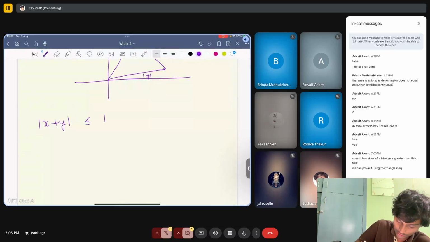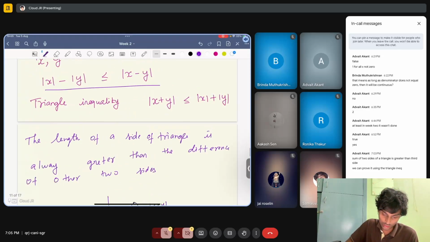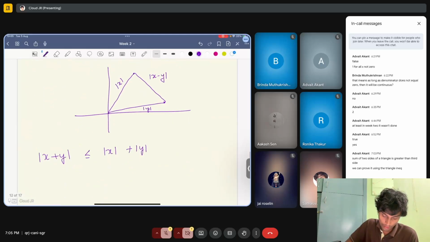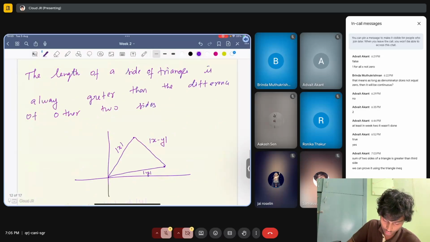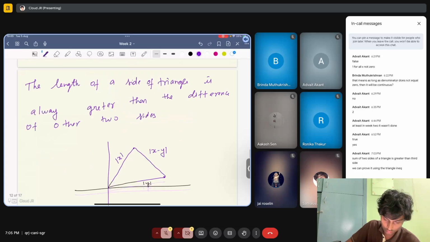So this is the triangle inequality. Let's try to use the triangle inequality and then try to prove it. So I need to keep the y here. I want to move the y onto the other side, but I want this one to become x. So I want to put minus x, y.